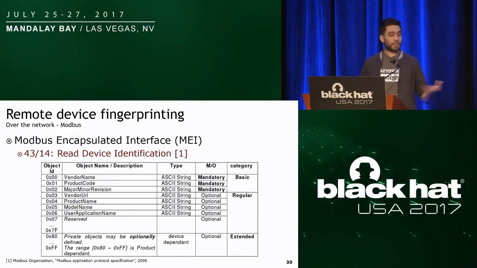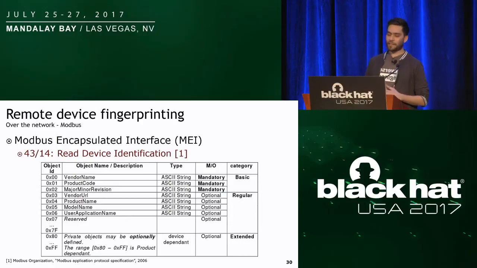If you have physical access, you can just read the sticker in the front. You know what kind of device it is. But if you're a remote user, you want to have the ability to fingerprint this device, to know whether, for example, it's a G750 relay. To do that, Modbus offers a read device identification function per the specification that returns things like the vendor name, the product code, and the major and minor revision.